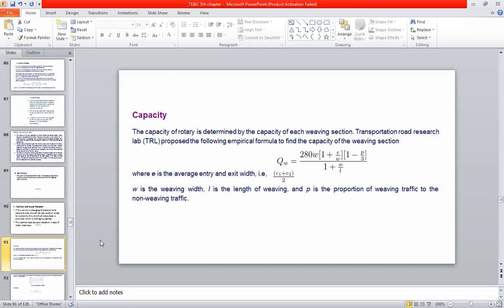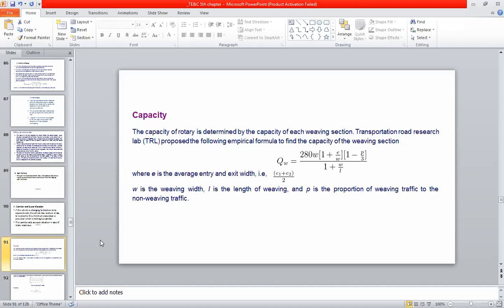Now, the very next important point is the capacity of the rotary and how we determine it. The capacity of the rotary is determined by the capacity of each weaving section. There is one formula to find the capacity of the weaving section, which is given by Qw is equal to 280W into (1 plus E by W) into (1 minus P by 3) divided by (1 plus W by L).